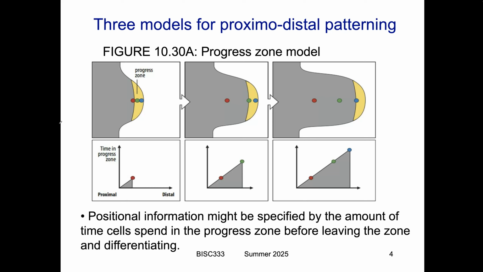You can have that, but what that means is that the model or the hypothesis you're working with is not correct, right? We want the most correct model we can have, and that has to be one that explains all of our results. And so the first one is called the progress zone model.